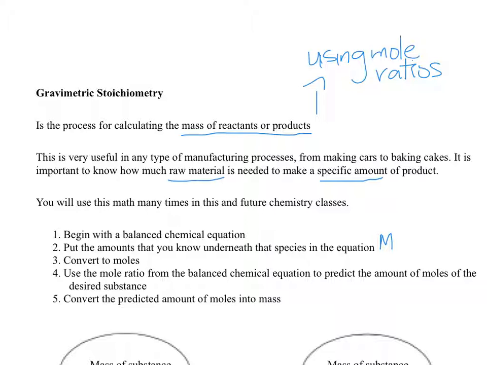Then you're going to convert into moles for the items you know. And then we're going to use the mole ratio from the balanced chemical equation to predict the amount of moles of the desired substance. Then we're going to convert our moles to mass using molar mass.